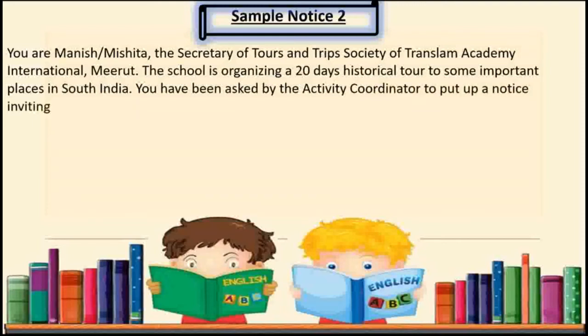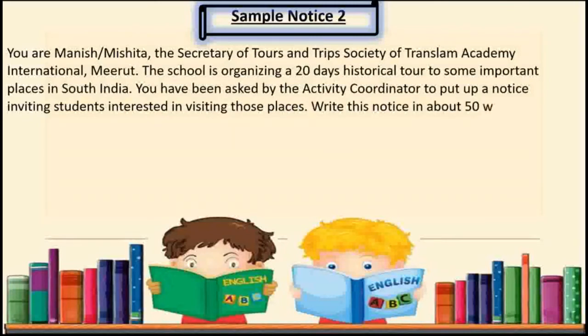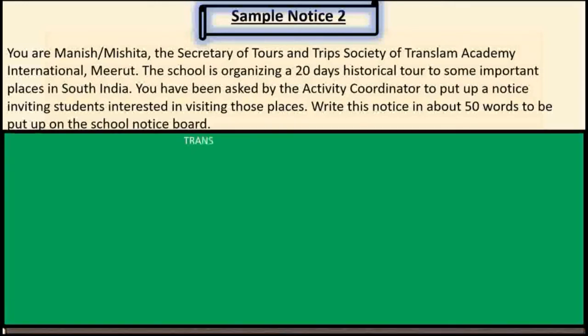You have been asked by the activity coordinator to put up a notice inviting students interested in visiting those places. Write this notice in about 50 words to be put up on the school notice board.